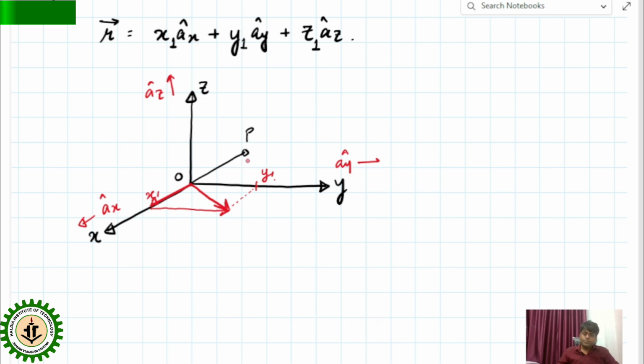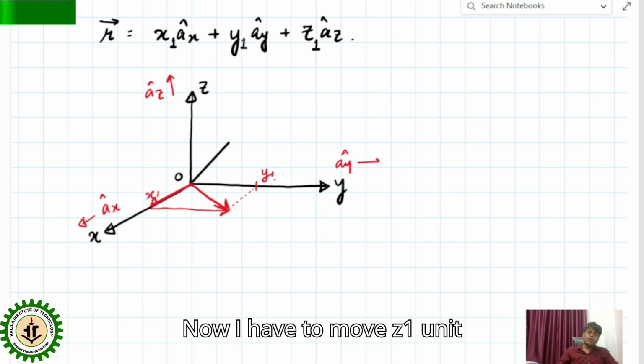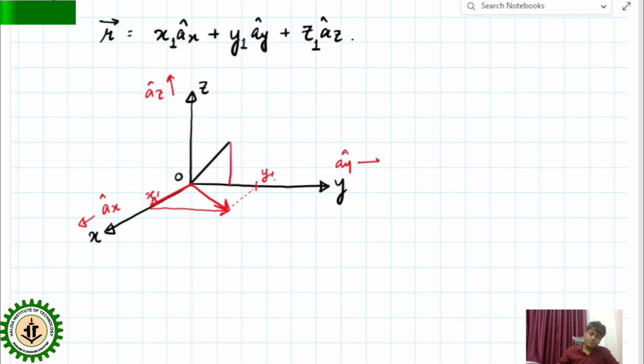Now I have to move z1 unit along the z direction.